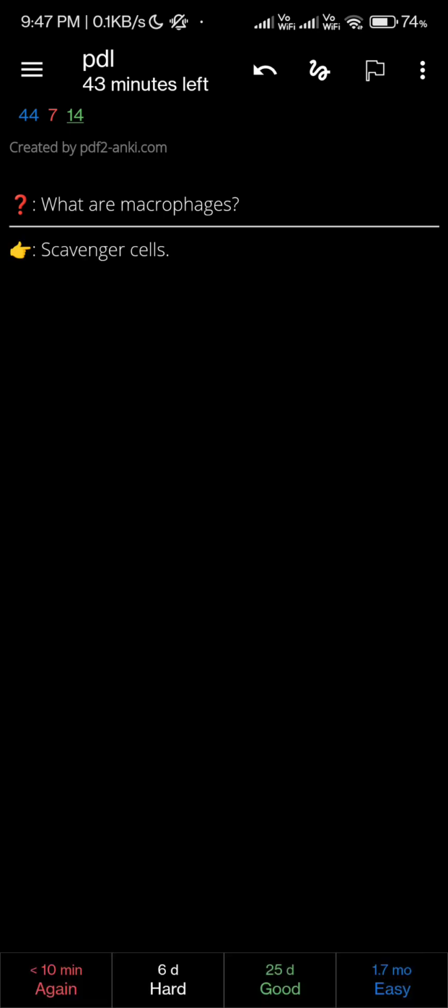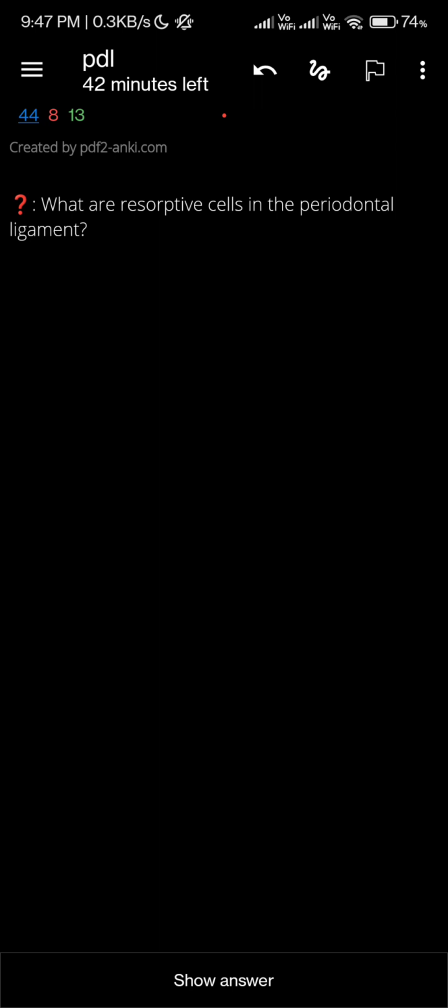They are found in the ground substance, in the connective tissue and gingival crevicular fluid. They are scavenger cells under phagocytosis.